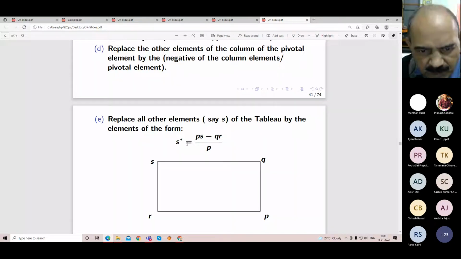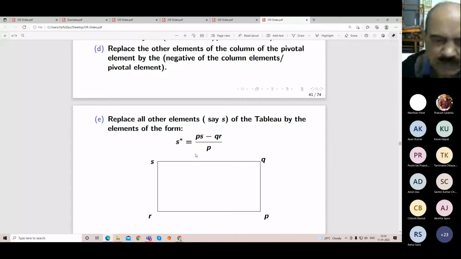This S star will be P into S minus Q into R, divided by P. P is positive, not 0, not negative, only positive. So PS minus QR divided by P. Using this rule, you complete all the elements in the new table.